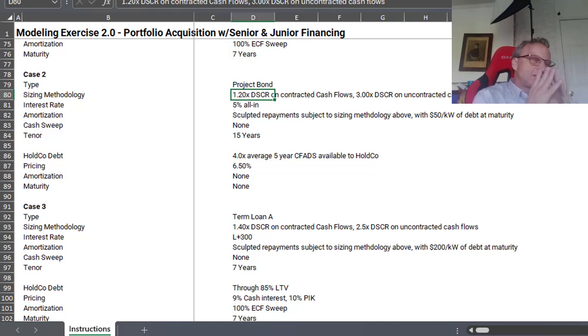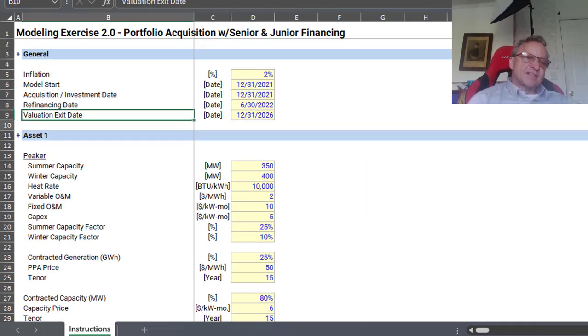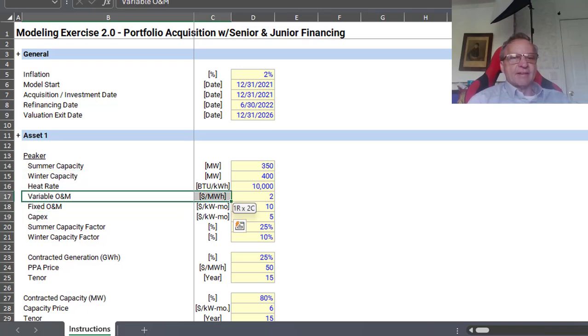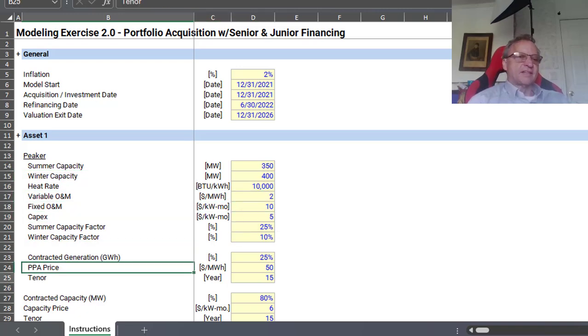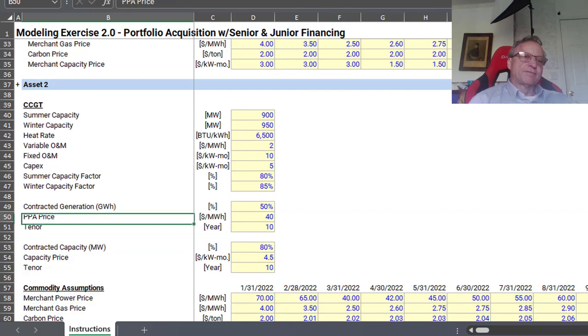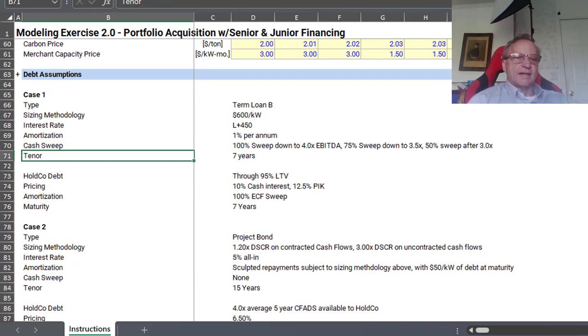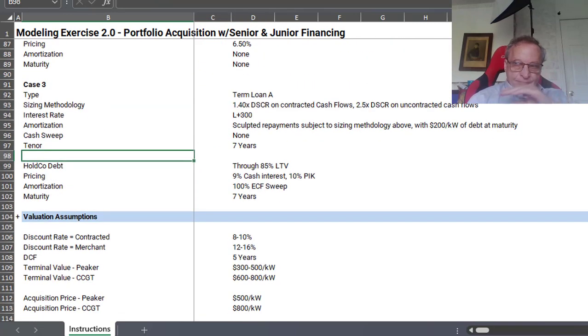And what that means you have to do, by the way, is up here, if this is cash flows, when we have fixed and variable operation and maintenance expenses, up here, fixed and variable maintenance expenses, and we'll put the CapEx as fixed, then you'll have to allocate those expenses somehow to the contracted cash flow and the non-contracted cash flow.